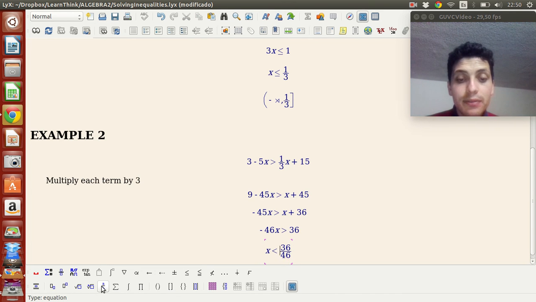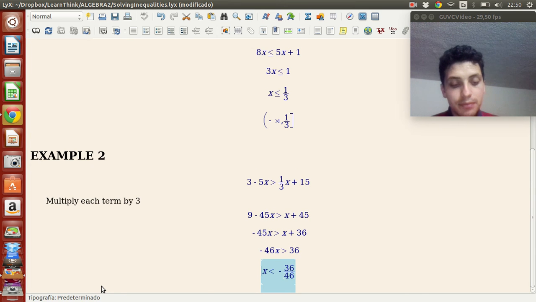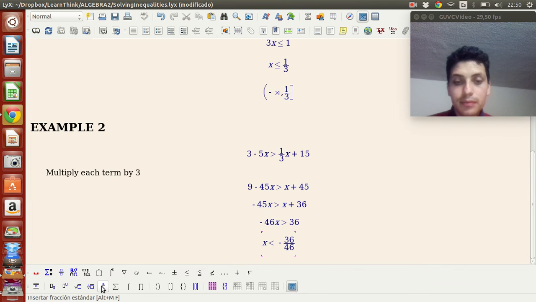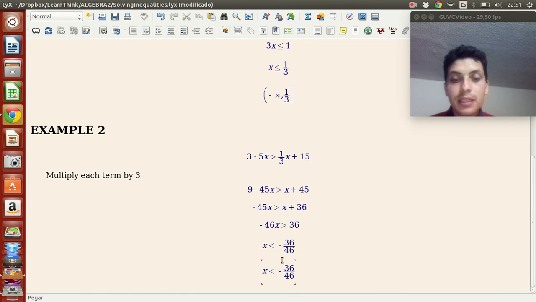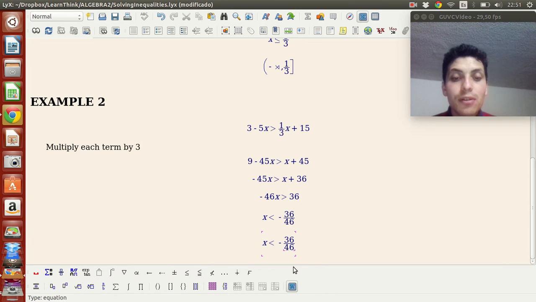So this negative will be here, negative 36 divided by 46. We can apply GCF or LCD, any method you want to have the simplified form. I like to apply GCF, or I like to use prime factorization.